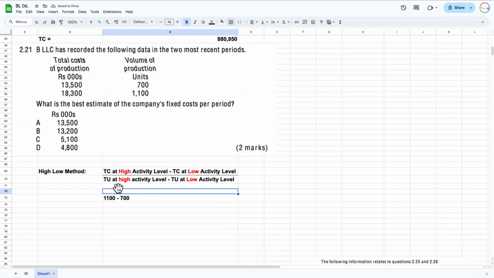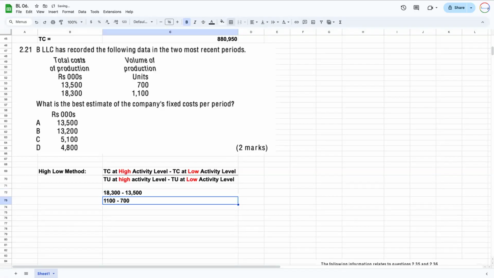Then the corresponding cost areas. For this 1,100 volume of productions, we have incurred the total cost 18,300. Then we have to take away the lowest activity level 700, where we have incurred the cost of 13,500 in 1000 terms. So we can get variable cost per unit.